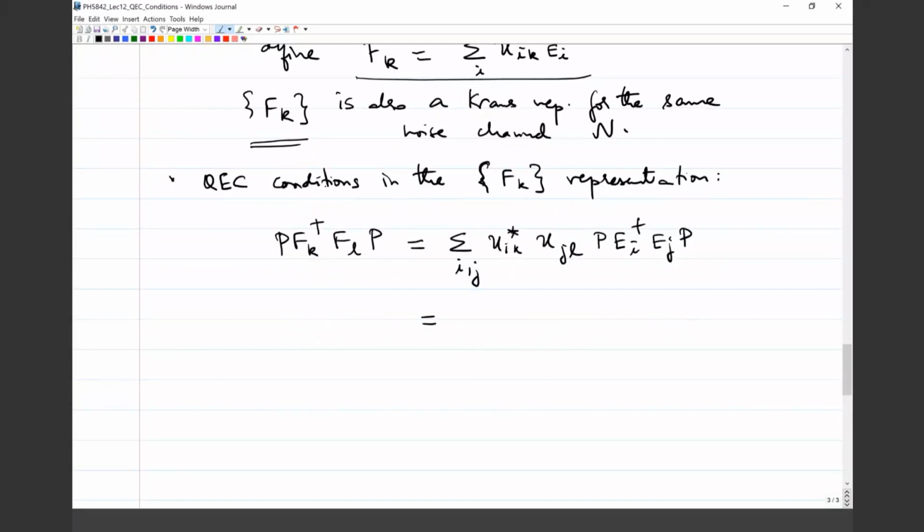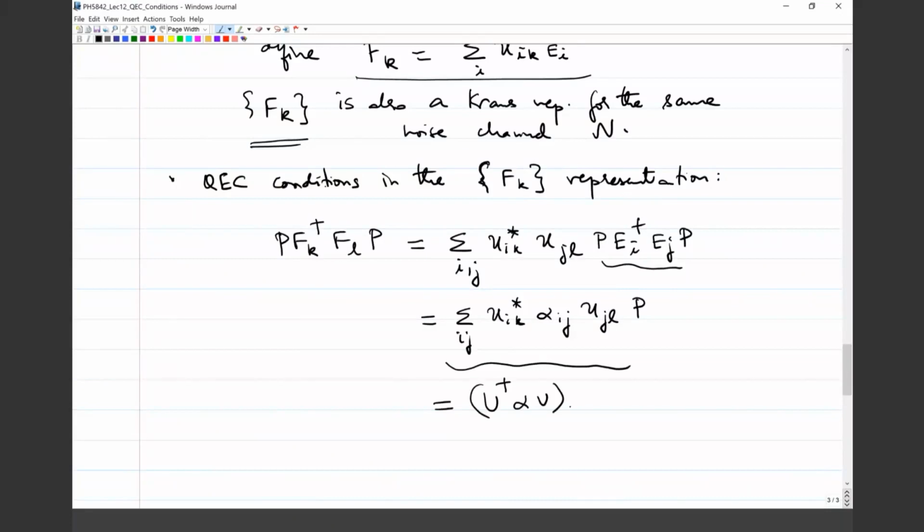So this is nothing but the sum over ij. Remember, this is alpha ij. So this is u_ik star alpha ij u_jl P, right? This just comes from the QEC condition. And now what I have here is nothing but the ijth element of U dagger alpha U, times the projection onto the code space.